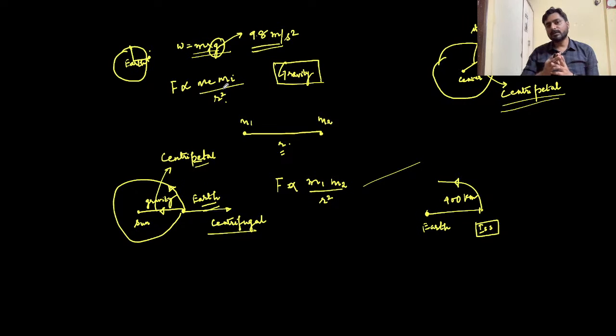At the equator earth is not a perfect sphere. So the radius at the equator is different from the radius at the pole. At the equator the radius is more, so the force of gravity is less. So gravity at the equator is 9.8, but when we measure gravity at the poles, gravity is more. Why? Because the radius is less. If this value is less, the force of gravity will be more. So g is more at the poles.